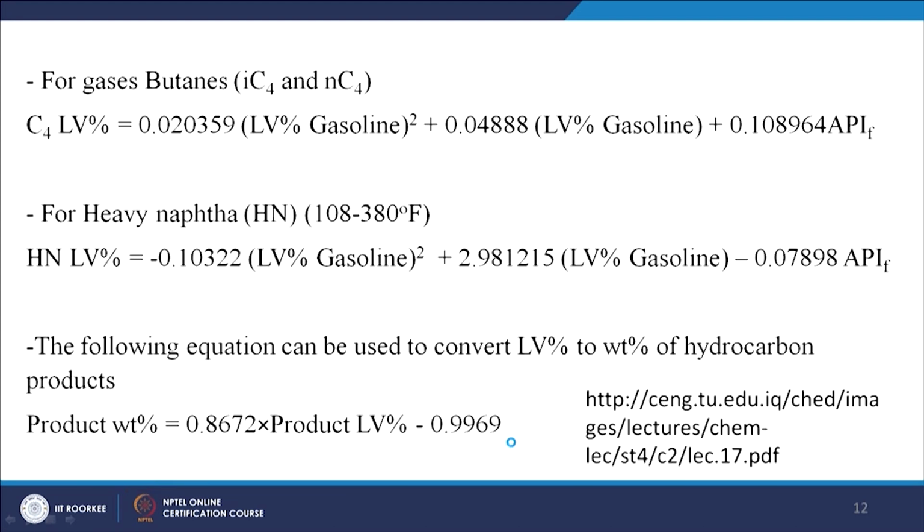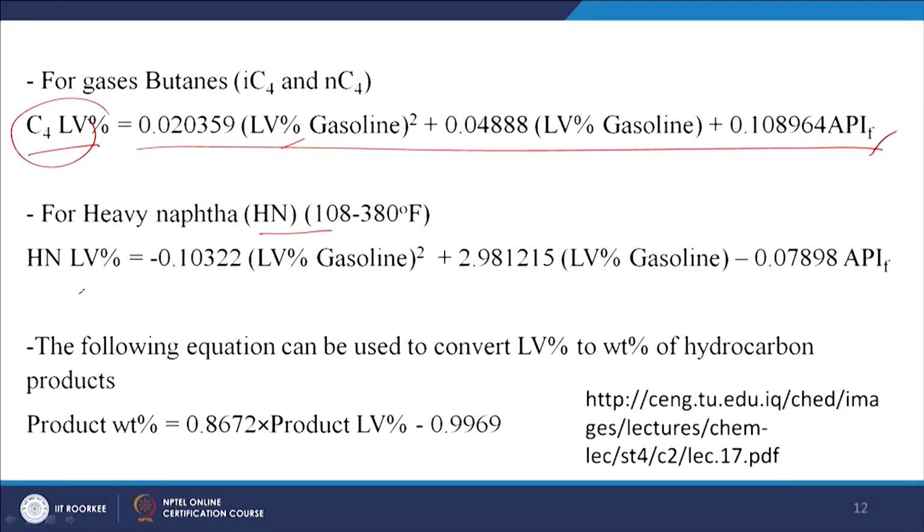Butane productions in volume percent we can calculate by this empirical relationship. These productions will depend on the liquid volume percent of gasoline and the API of the feed.